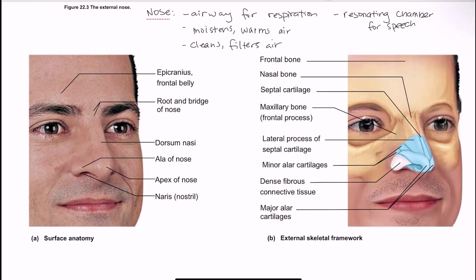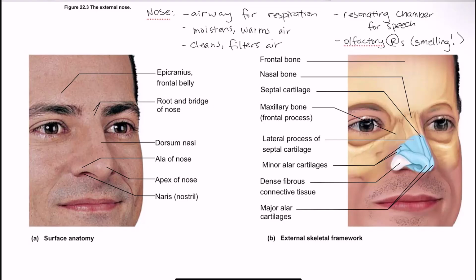We can modulate how our voice sounds with our nose, and if you plug your nose, then your voice sounds a little bit different. That's an interesting thing about the nose. And then the last thing is it has olfactory receptors, and those are the ones that tell our brain that we're smelling stuff.